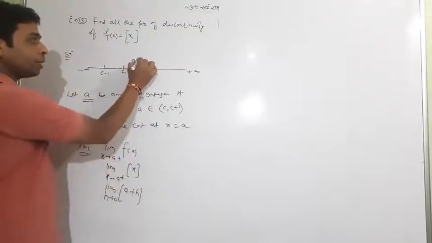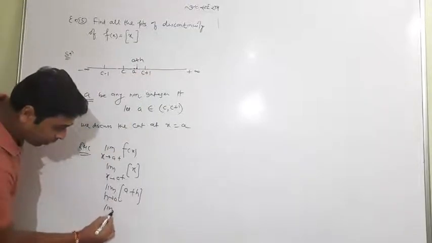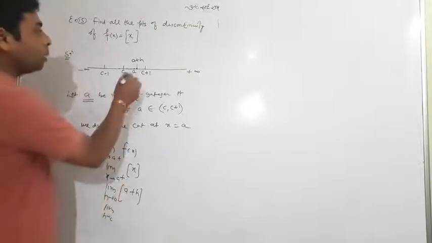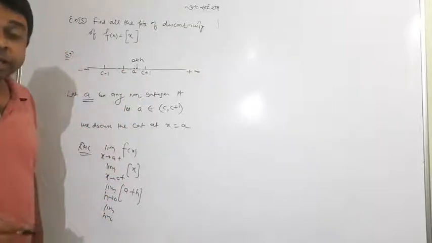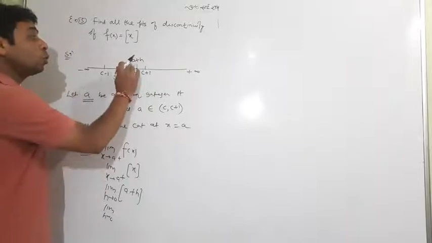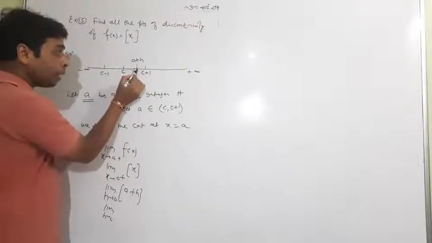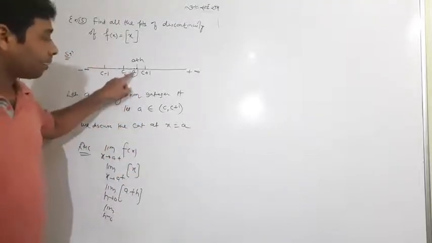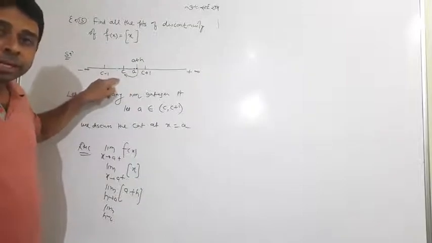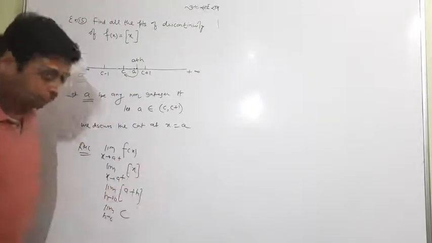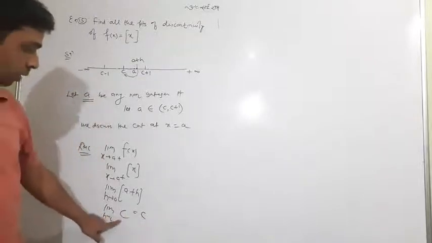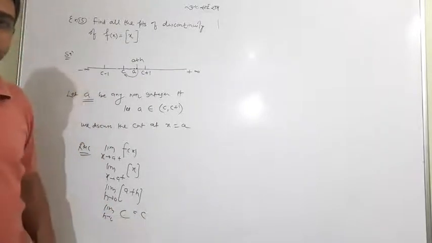And when greatest integer function applies on a plus h, it gives the less and nearest integer, which is not a, but it is c, because c was the integer. So the answer is only c. We don't need h, because it is independent of h. The answer will be exactly c.